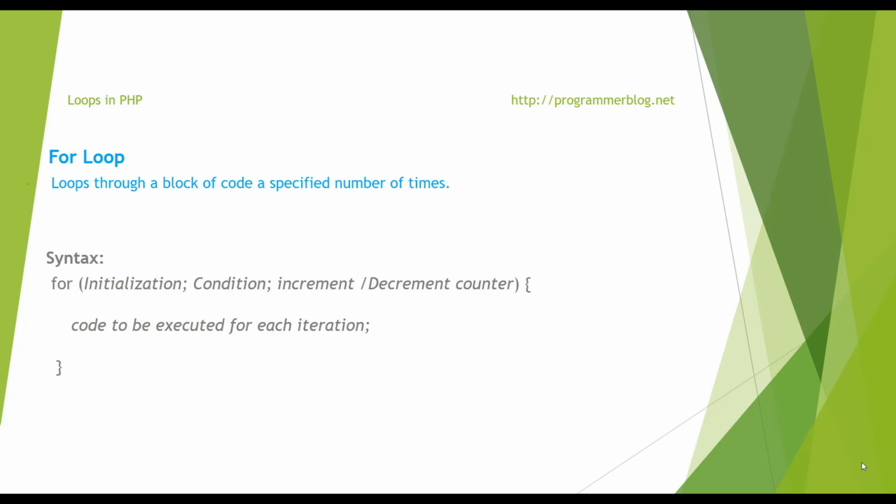The last loop type that we are going to learn today is the for loop. The for loop loops through a block of code a specified number of times. And the syntax of a for loop is that instead of specifying the initialization and condition outside of the loop, normally we specify the initialization, the condition and the increment or decrement counter inside the for loop.